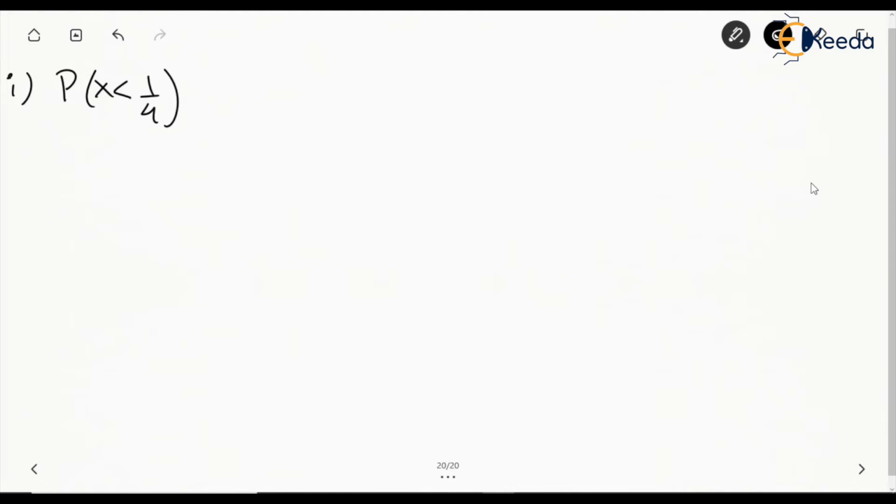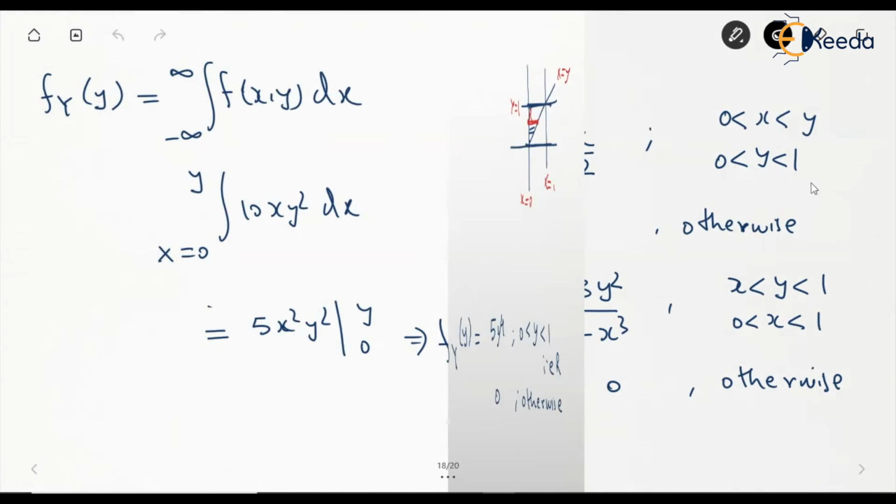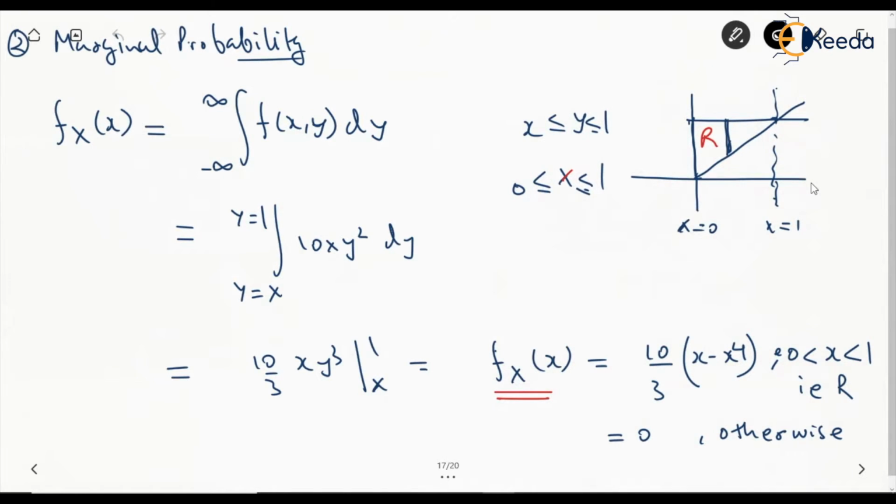In a very simple manner, we can integrate the marginal density of x up to this value 1 by 4, but we'll also have to check the given conditions. The marginal density for x was defined as this value, and x had to be between 0 and 1. Since we are finding up to 1 by 4, the lower limit can be taken as 0.